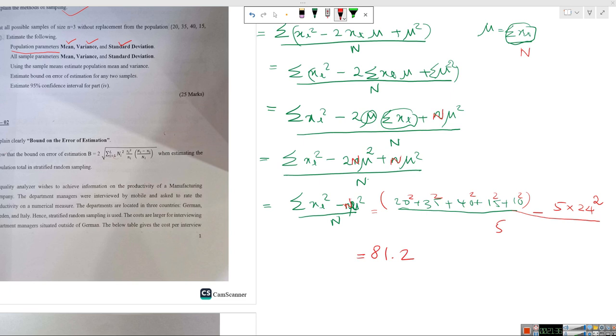Okay, so let's recheck it. So let me type it. I don't know why I make such silly mistakes in calculation. Now if you simplify this, the total of this is equal to 3550 minus 5 into 24 square, divided by 5.